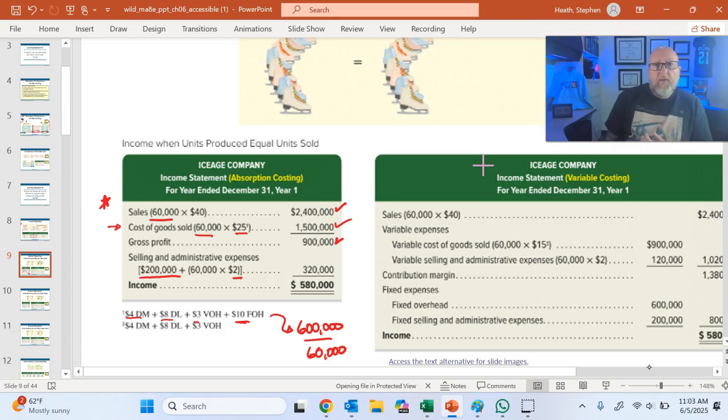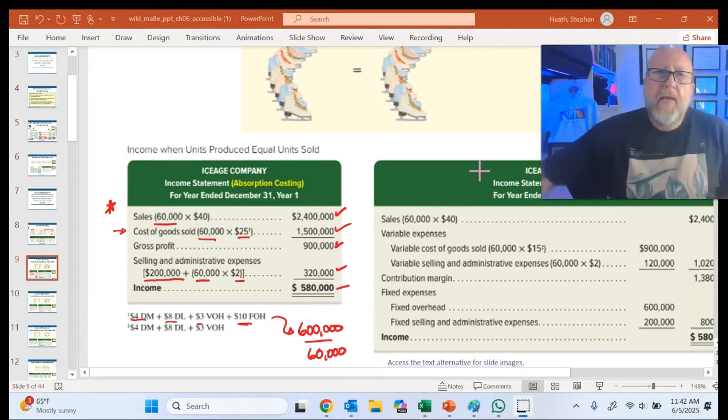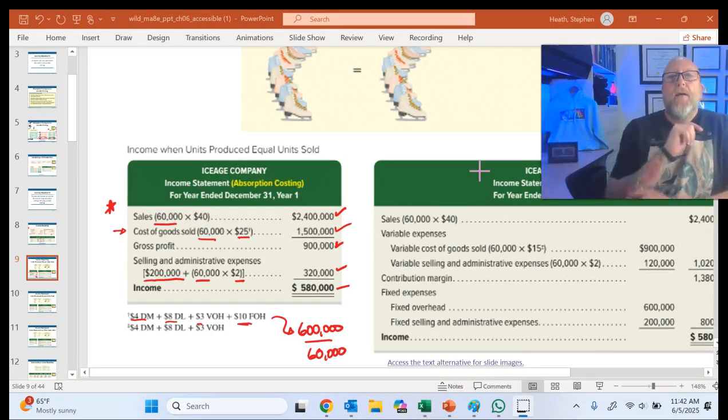We multiply the 60,000 units that we sold times the $2 per unit plus the 200,000 in fixed SG&A to get 320,000. And therefore, 900,000 in gross profit minus 320,000 in fixed and variable selling and administrative expenses gets me to 580,000 in income.